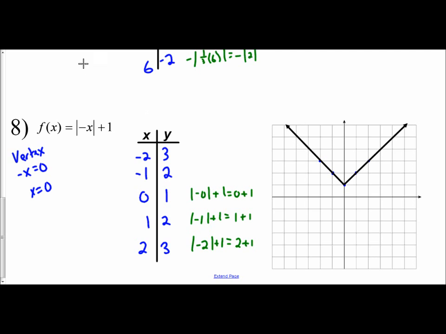Now, before we leave this video, I want you to take a look at your expressions and go back to see how we did our step functions, the shortcut for it, and see, is there a similar shortcut for absolute value functions? Is there a way to look at this and see what our vertex is, both the x value and the y value for it?